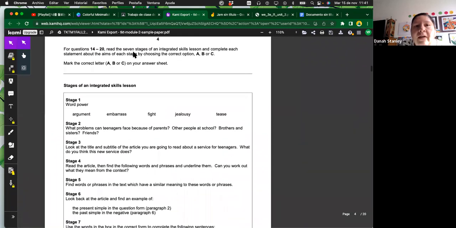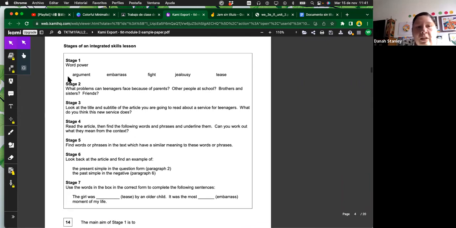Read the 7 stages of an integrated skills lesson and complete each statement about the aims of each stage by choosing the correct option A, B, or C. Entonces tienen stage 1, word power.